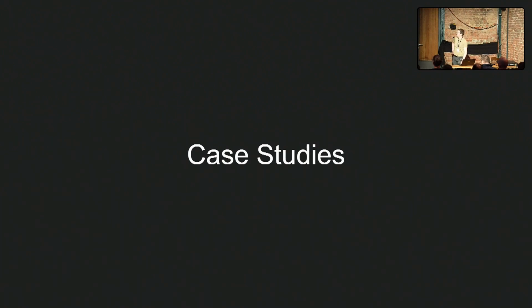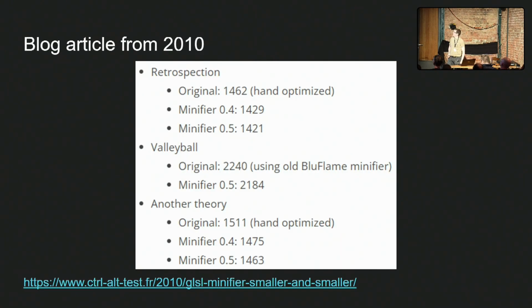And then I wanted to look at some actual intros just to see how things are working in practice. So first, I wrote this blog article in 2010, where I compared the size after compression with Shader Minifier to what people were doing with manual optimizations.